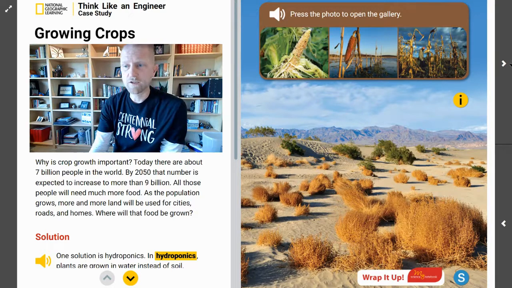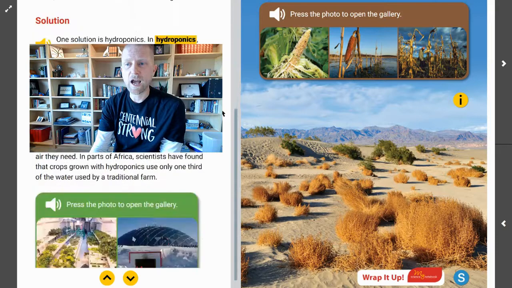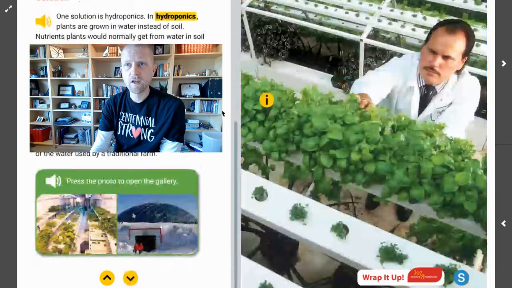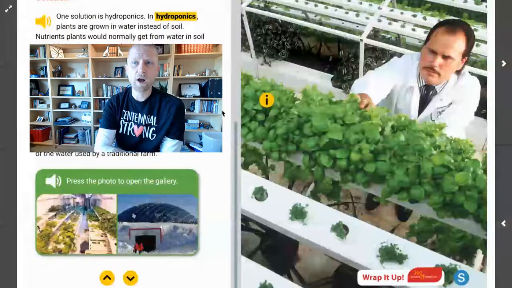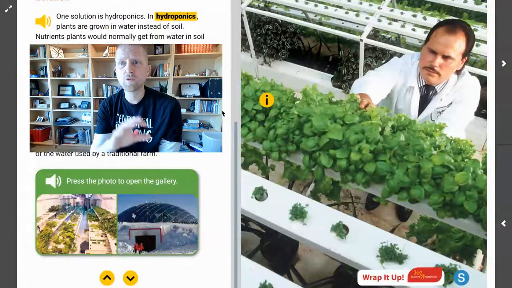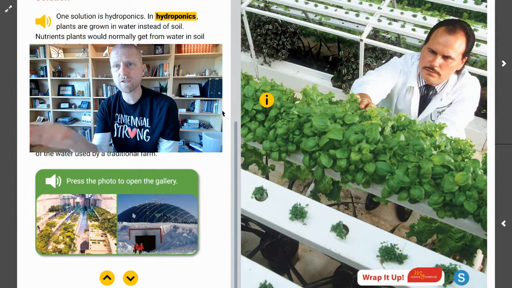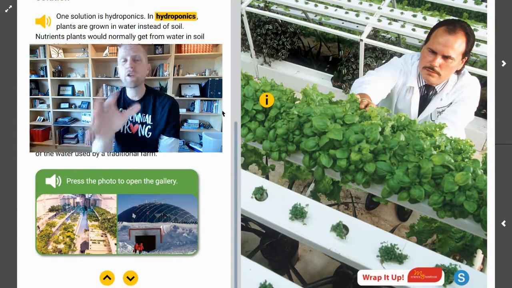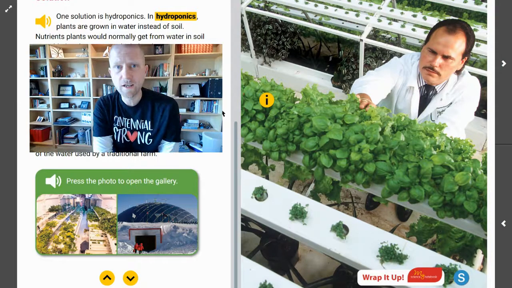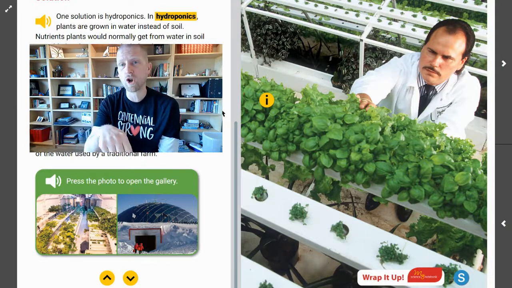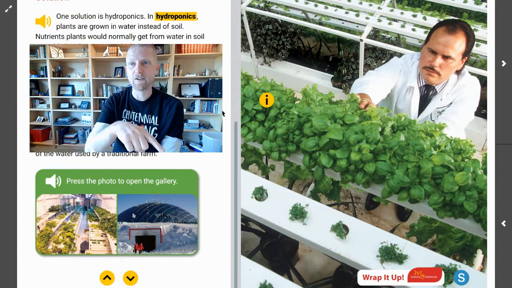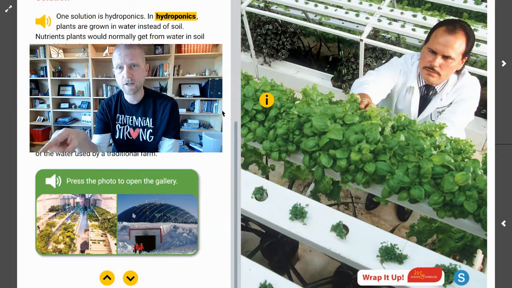One of those solutions that we can talk about is hydroponics. Hydroponics is where plants are grown in water instead of soil. Now, we know from our last lesson that plants do not have to have soil to grow, but they have to have nutrients.